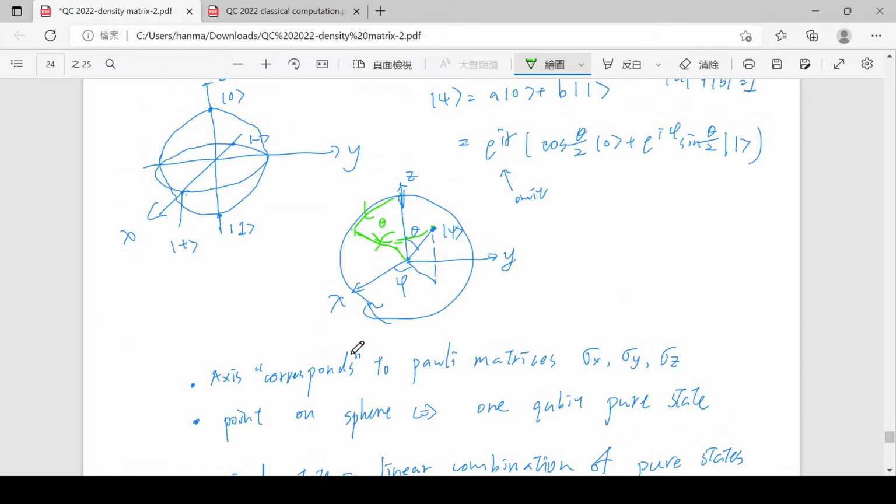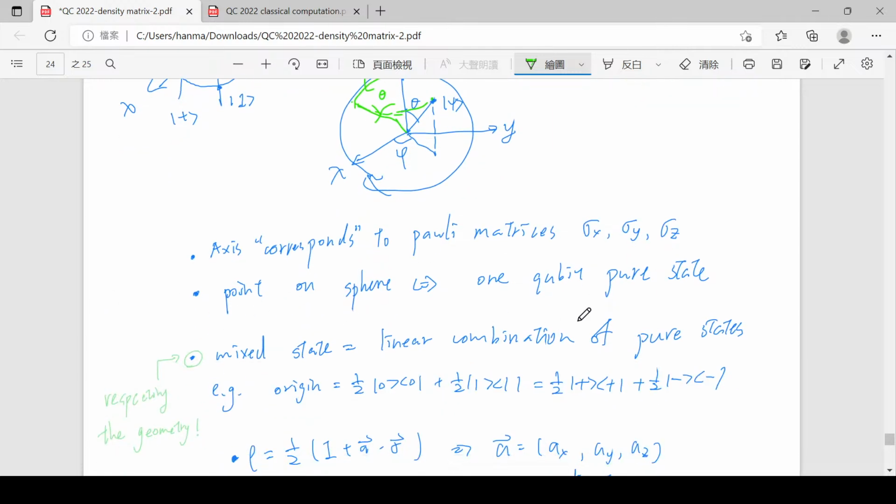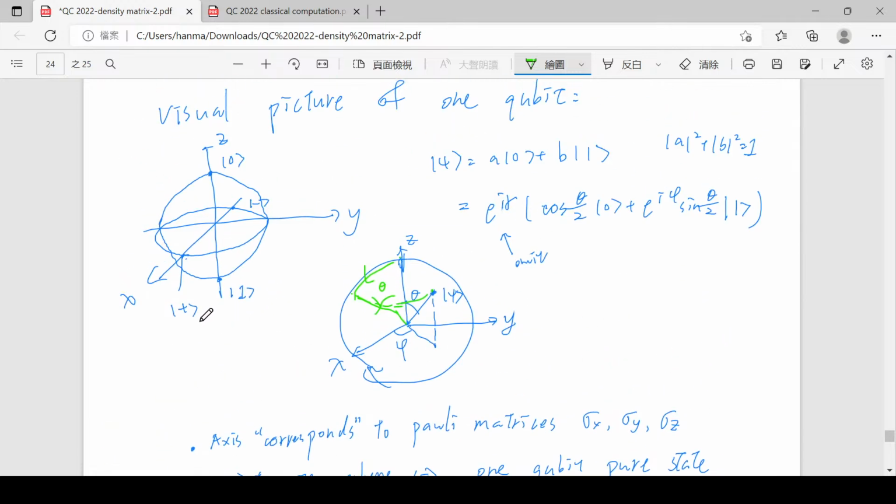So the first thing is that the XYZ axes here, this three-dimensional XYZ, actually correspond to the Pauli matrices sigma X, sigma Y, sigma Z. In more sense, we will see later. The first thing we will see here is that those points on those axes, say this plus x point and this minus x point, are actually the eigenstates of sigma x.